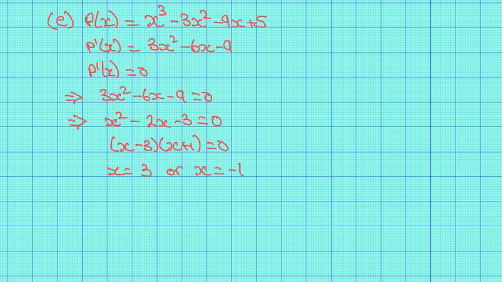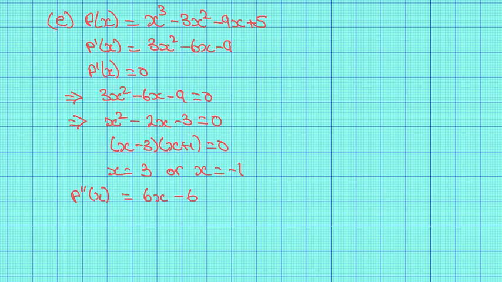Now, instead of using a sine diagram to find the nature of the turning points, we can use the second derivative. So if we find f double dash of x, so we differentiate 3x squared minus 6x minus 9, which will give us 6x minus 6.